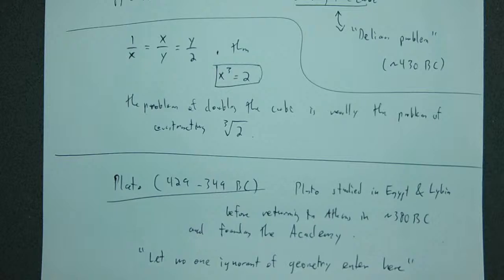So what was the purpose of this inscription? What was meant to be passed on here? Was it really just that Plato loved geometry so much that he just wanted to be surrounded by people who were good at geometry, and he didn't want to rub elbows with the plebs that didn't know anything about geometry?